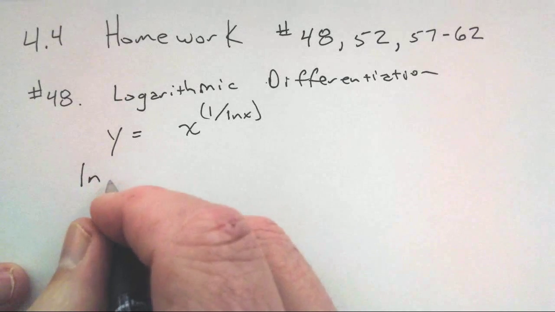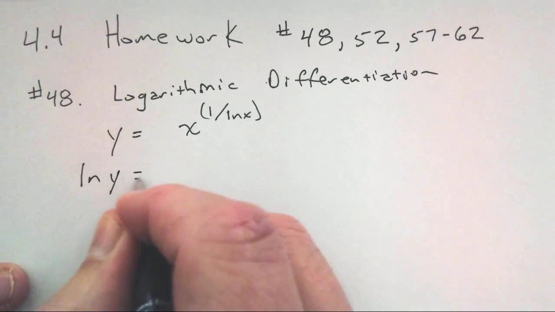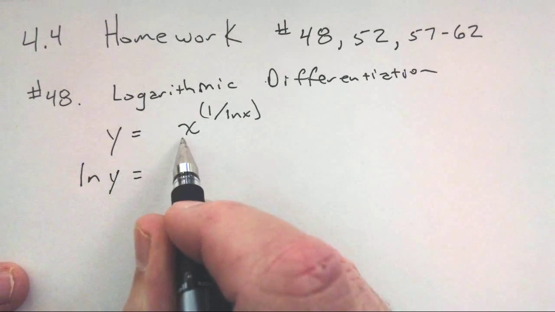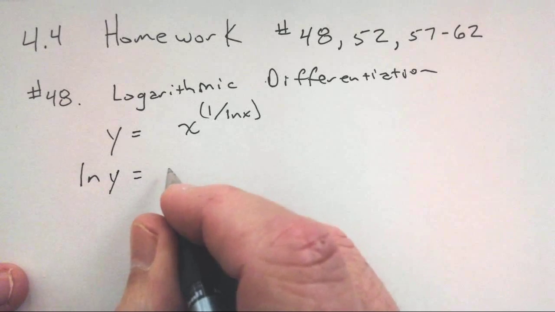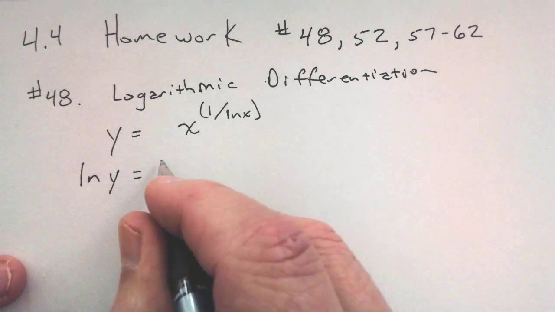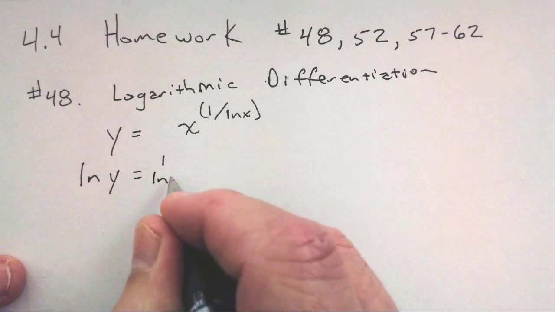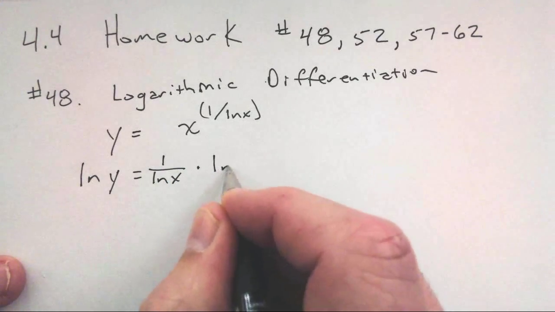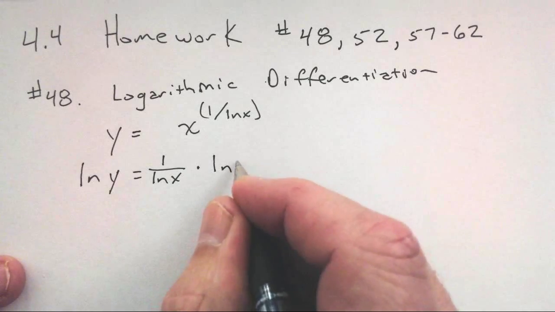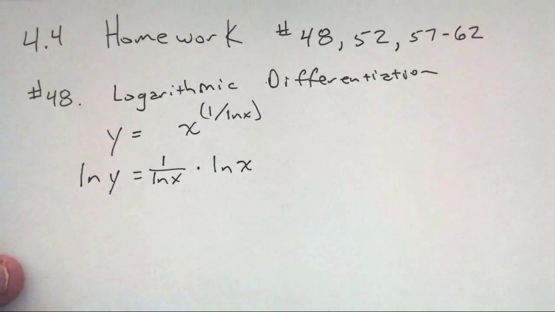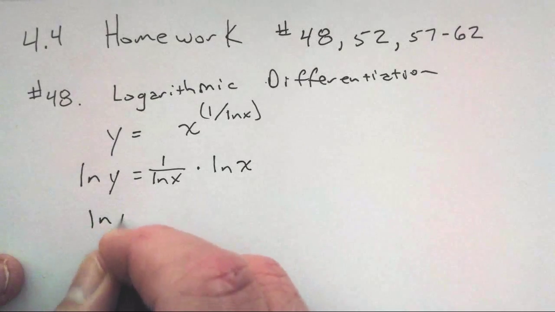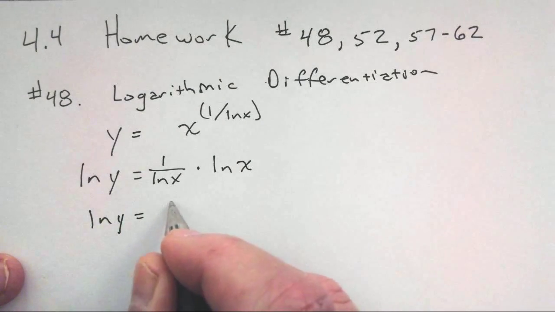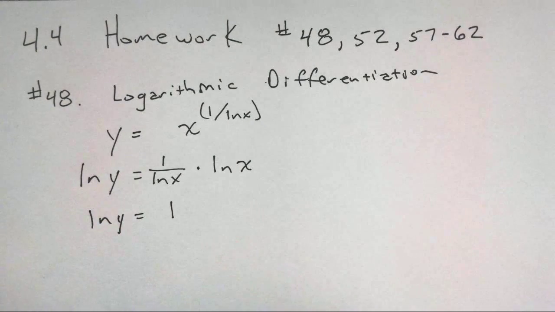So I want to take ln of y equals ln of this guy, but when I take ln of this guy, the payoff is I get 1 on ln x times ln x. Well, that's interesting. That just means that ln of y equals 1, and therefore we're going to get out of this one really easily.